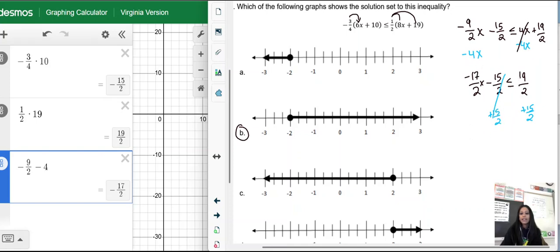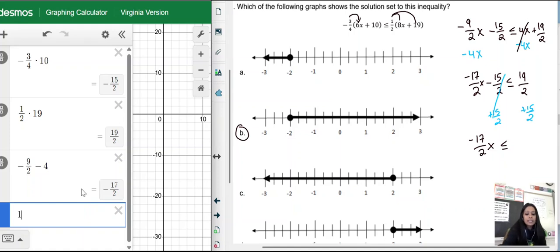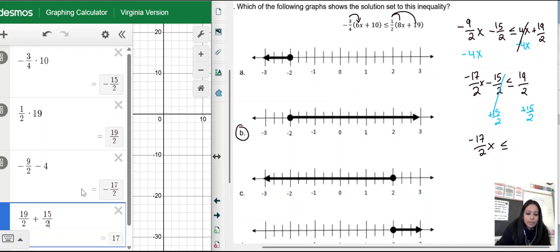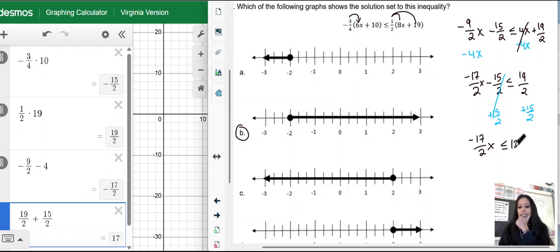So I have here -17/2x is less than or equal to, what's that, 19 over 2 plus 15 over 2? That's just positive 17.